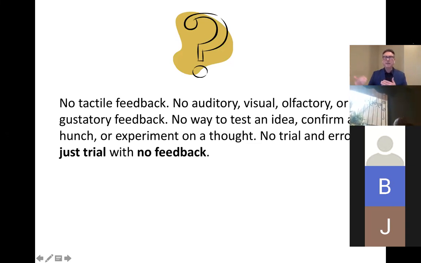But if we don't receive feedback, oh, that was hot, that was cold, oh, that looks dangerous, oh, that tastes bitter, or that smells strange, I don't think I should eat that, right? If we don't have those kinds of sensory feedbacks, then all we do in our lives is try things, but we don't get the feedback. So think with me, if you were in that situation, what would that mean?